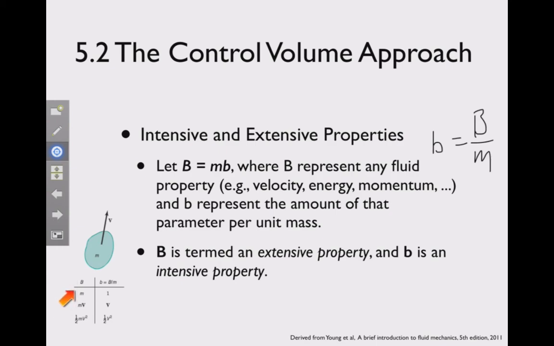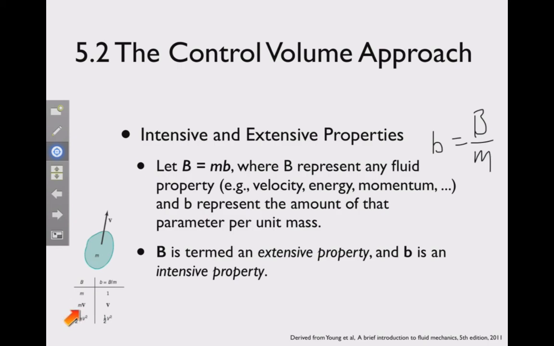So if we're interested, as we will be in continuity, in mass, where our quantity of interest is mass, then capital B is mass, and that's the extensive property, and the intensive property is mass over mass, which is just unity, m over m.